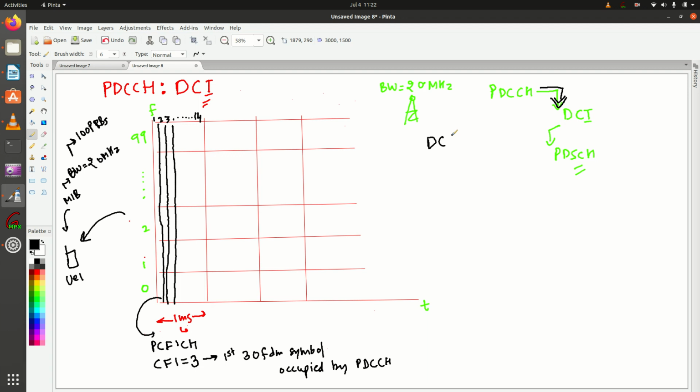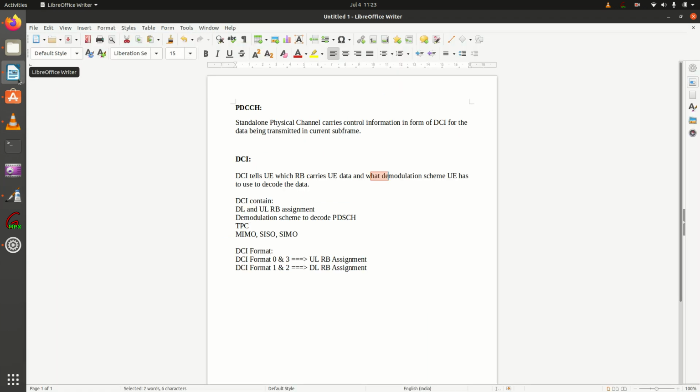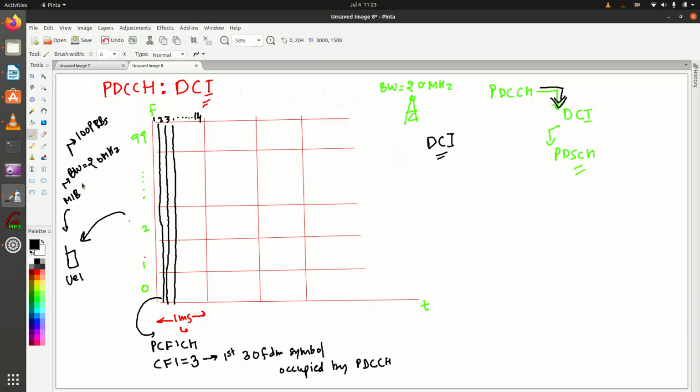Let's see this DCI. What DCI contains is DL and UL resource block assignment. So let me write this: DCI contains DL and UL resource block assignment.